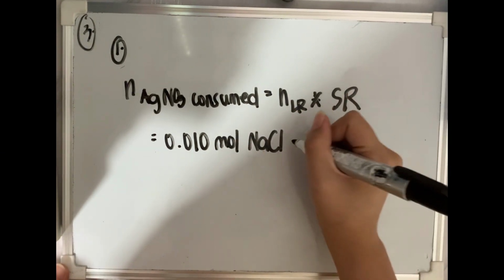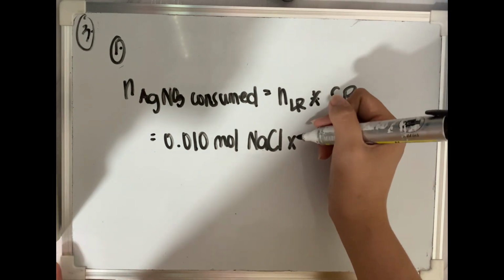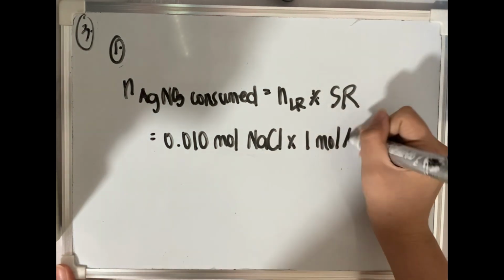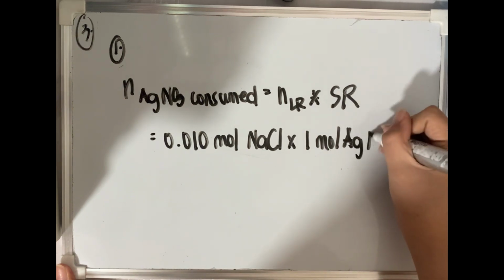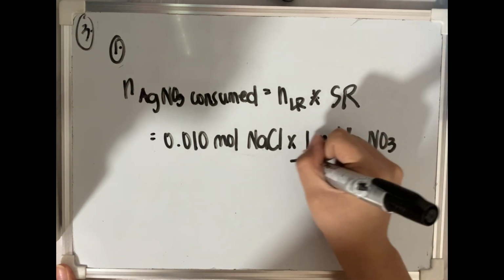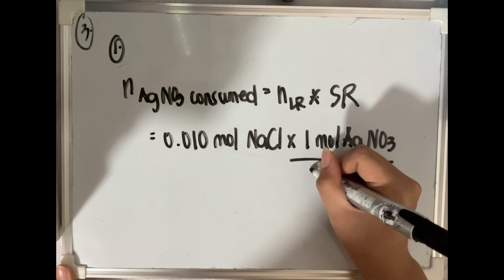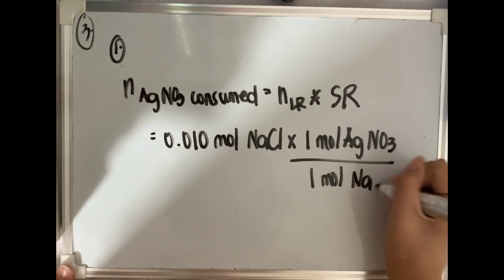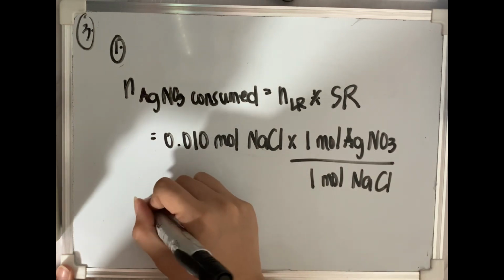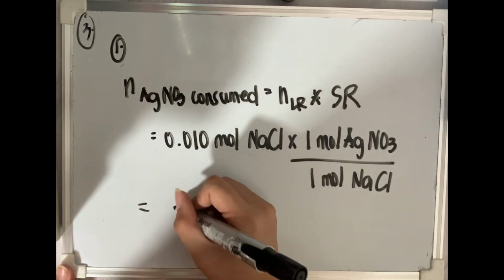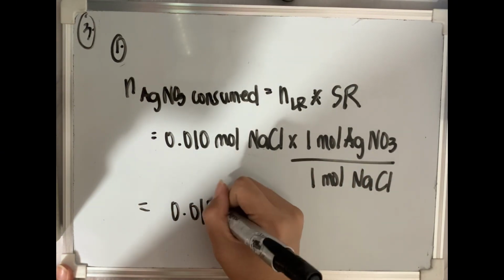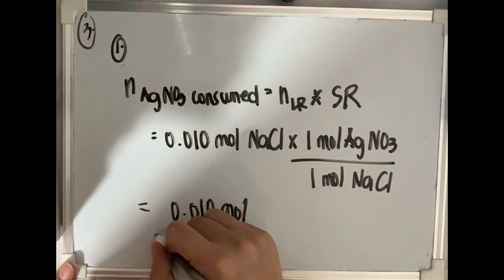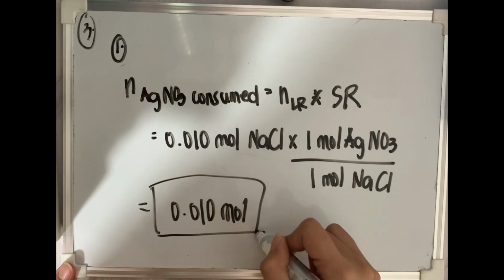And then, times na siya sa stoichiometric ratio, which is 1 mole of AgNO3 over 1 mole of NaCl. So, to answer that one, the answer would be 0.010 mole. So, wala ni siya ang na-consume.